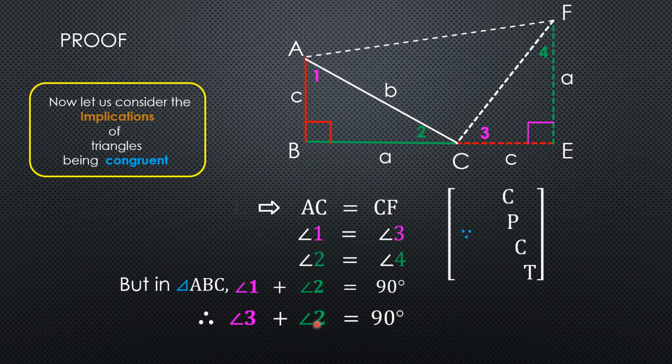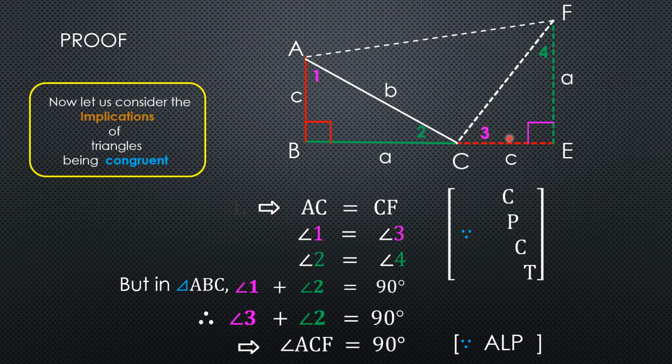Now can you recall axiom number 1 and say that angle 1 is equal to angle 3, angle 2 is common, therefore angle ACF, that is this angle ACF, is equal to 90 degrees because they are the adjacent angles of a linear pair.